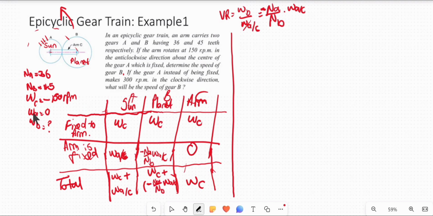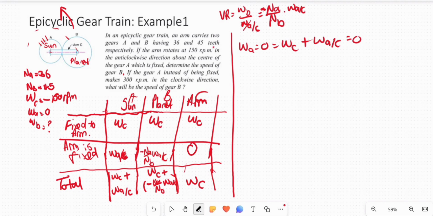Okay, we know what omega A is. Omega A is equal to 0. And it's also equal to omega C plus omega A with respect to C, which is equal to 0. From this, we can find what omega A with respect to C is.